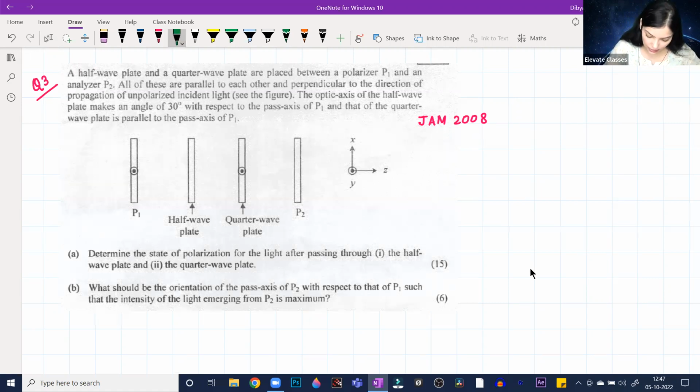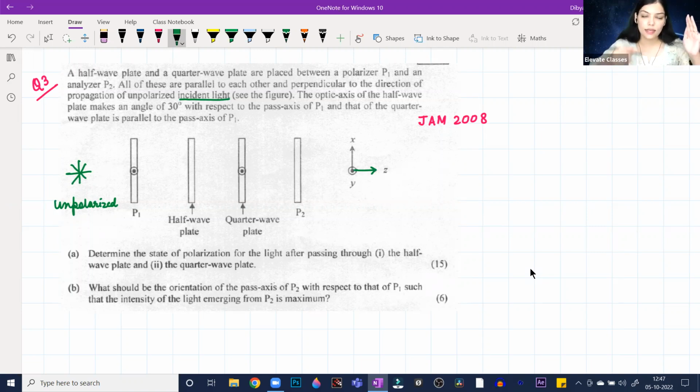So पहले तो हमने यही mention किया, incident light unpolarized है, so वही draw कर लेते हैं figure में. और क्या दिया है question में important, that they are parallel to each other, सबका pass axis अभी parallel है एक दूसरे के, and perpendicular to the direction of propagation. So propagation direction क्या है फिर? z direction में. ठीक है, because z is now perpendicular to the plates, और सबका जो pass axis है, that is parallel to x axis, and the wave is propagating in z direction. So that is clear to us.